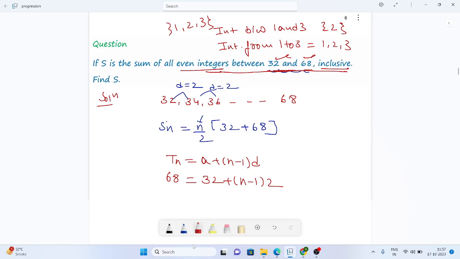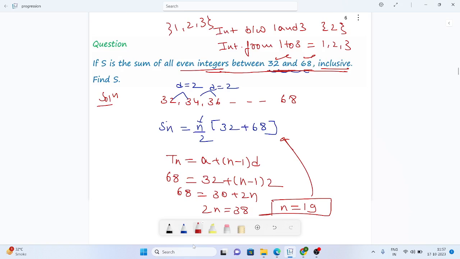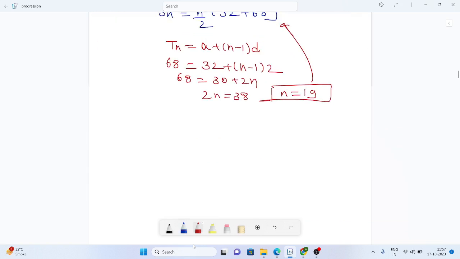From here you get n equal to 19. Then you plug this value in this formula and you get the sum of AP. So what is the sum of AP? It is nothing but 19 by 2, and 32 plus 68 is nothing but 100. So when you solve this, you get the sum as 950.